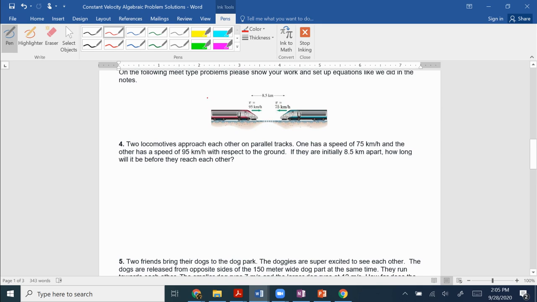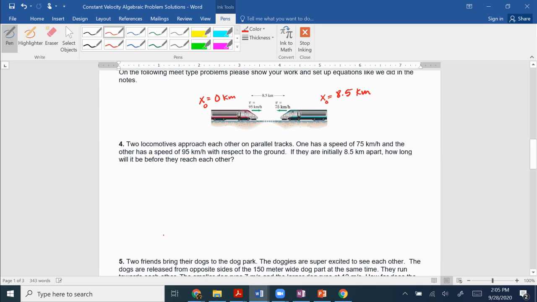So I'm going to say that the one on the left, the red one here, its initial position is 0 kilometers. And I'm going to say that this one's initial position is 8.5 kilometers. Right, so I've now set up a coordinate system.